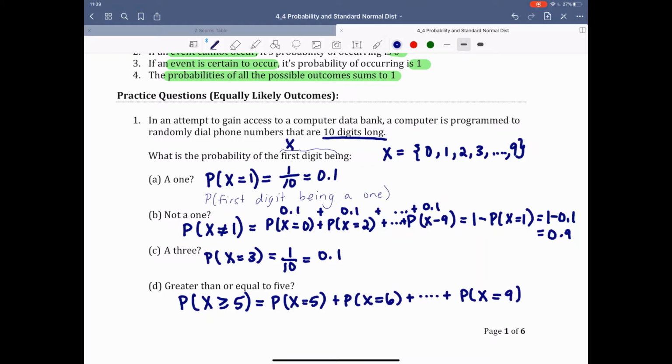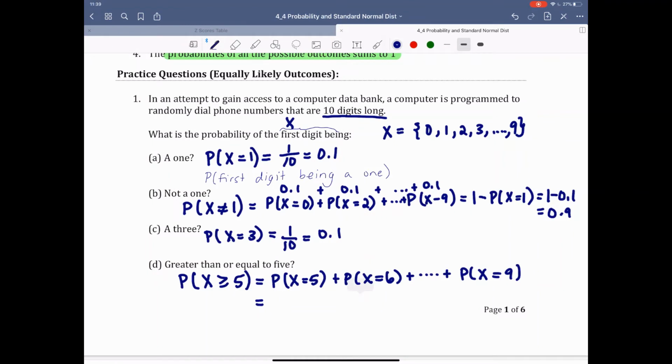And when we examine this, we have P of X equals 5, 6, 7, 8, 9. That's 5 different occurrences at 0.1 each. Or you know that that's 5 different values within the 10 that will satisfy X being greater than or equal to 5. And there's 50% chance of that occurring. The probability is 0.5.